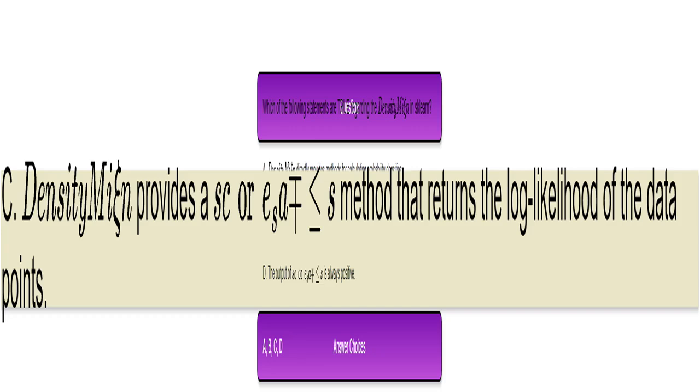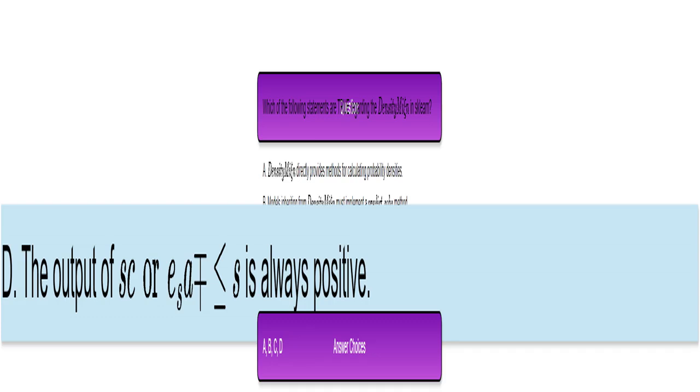It gives you the log likelihood, a measure of how likely your data is given the model. Nope. The _score_samples method returns a log likelihood, and log likelihoods can be negative. These are your 4 options to consider based on your understanding of the DensityMixin class and its functionality within scikit-learn. Let me know what you choose.